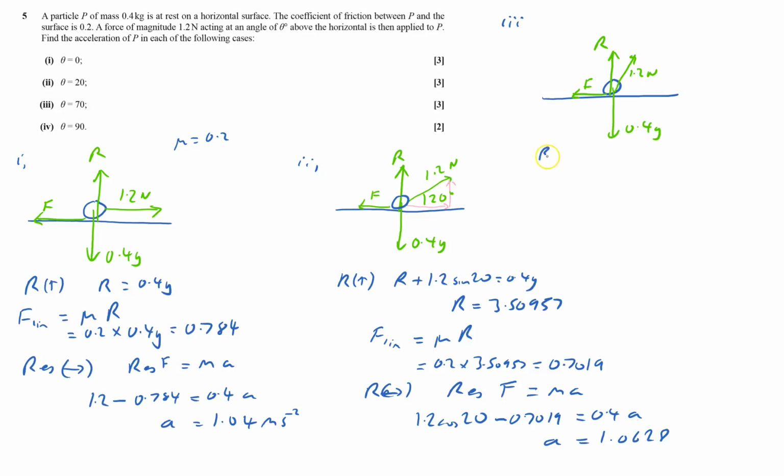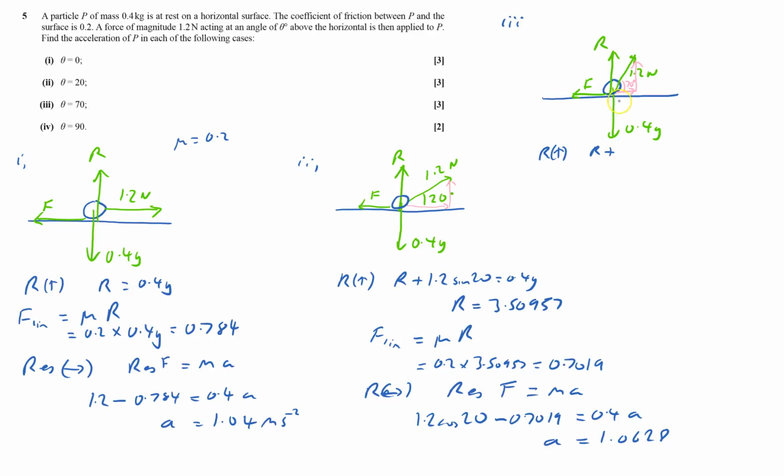I still will resolve vertically, and that will say that R plus, split my force up if I need to, like so, and that bit is 70 degrees now, isn't it? Yep.